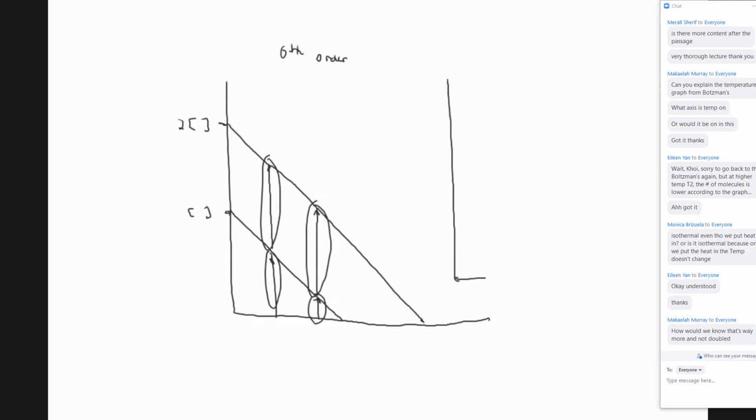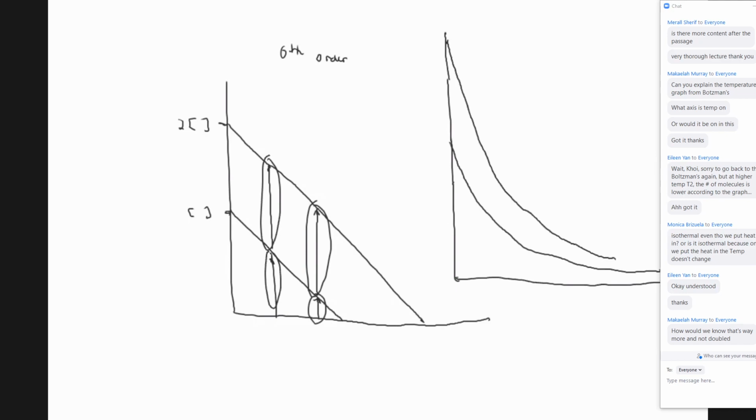So we graph the first order. This is your first order graph. We double the concentration of that. It's like somewhere up here. So at any given point that I graph it, these two differences are roughly the same.